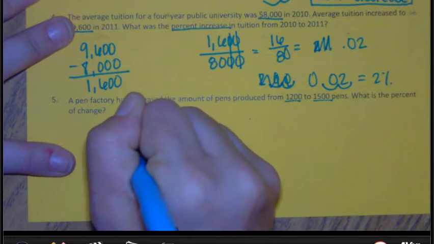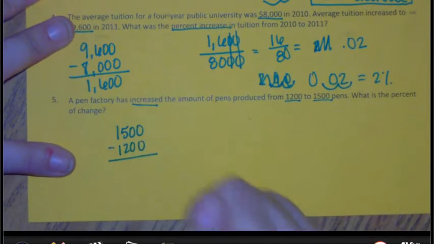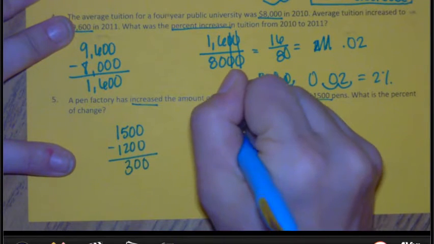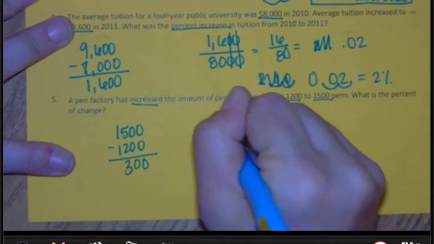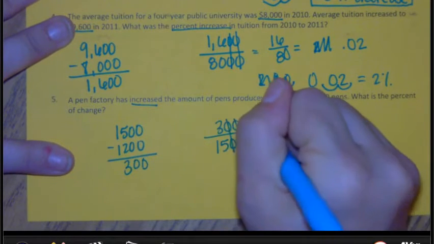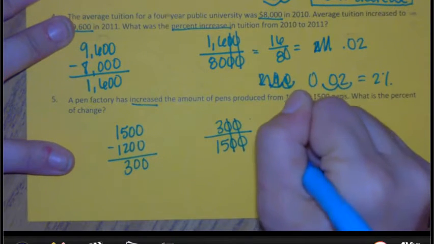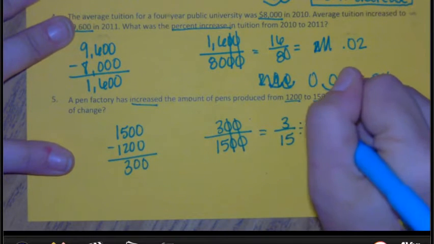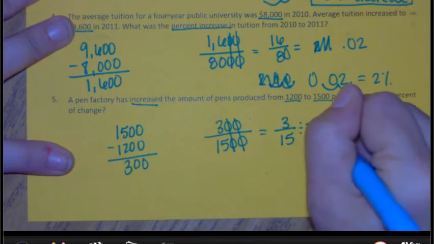So for 1,500, I need to find my difference, minus 1,200. I'm going to get 300 over the original of 1,500. Now I'm going to use my 10th trick again, and I'm not going to forget my numbers. So 3 over 15. I know that this can be divided by 3. Well, 3 divided by 3 is 1. 15 divided by 3 is 5.